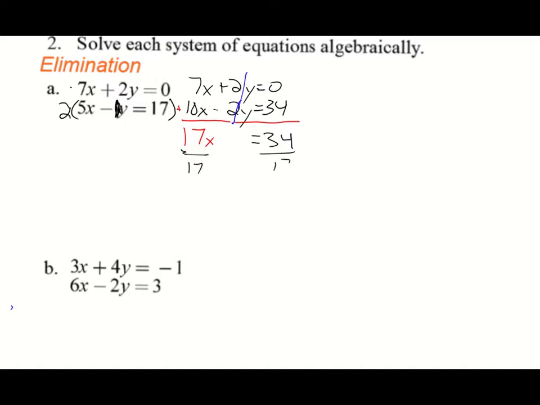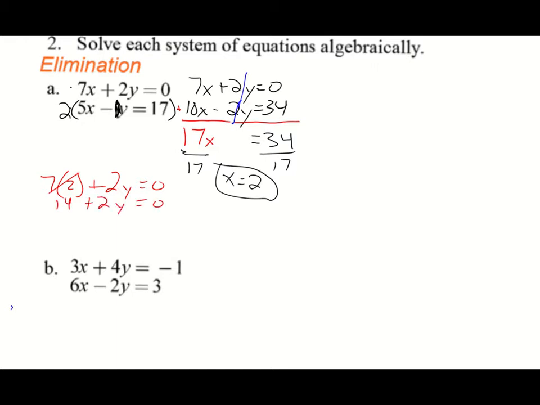Divide by 17, you get x is 2. The last step is the exact same as in substitution. You just substitute your x value, whatever it is, back into one of the original equations. So I'll choose the top one this time just for fun. It'll be 7 times 2 plus 2y equals 0, which is 14 plus 2y equals 0.